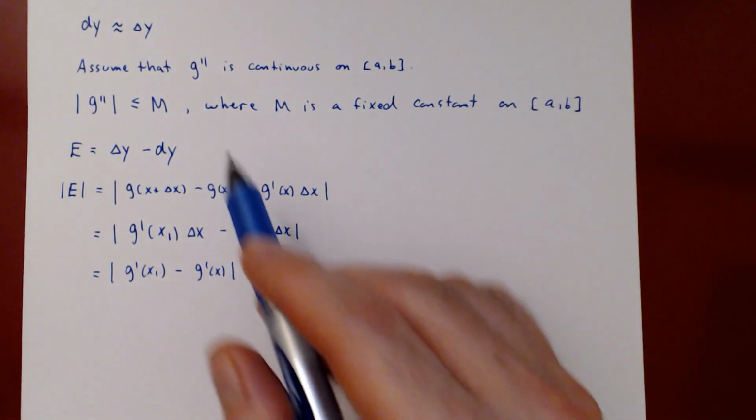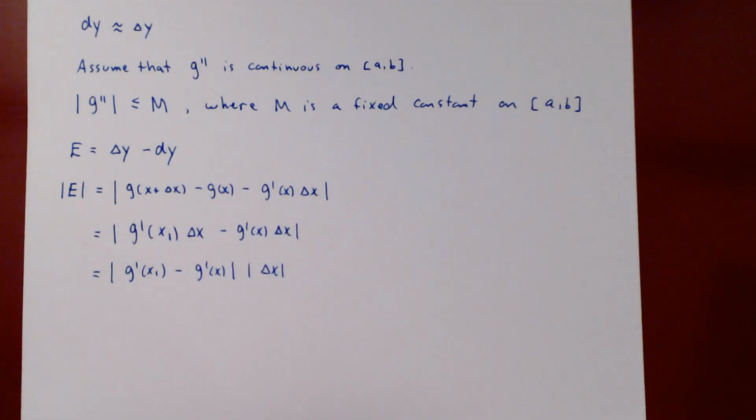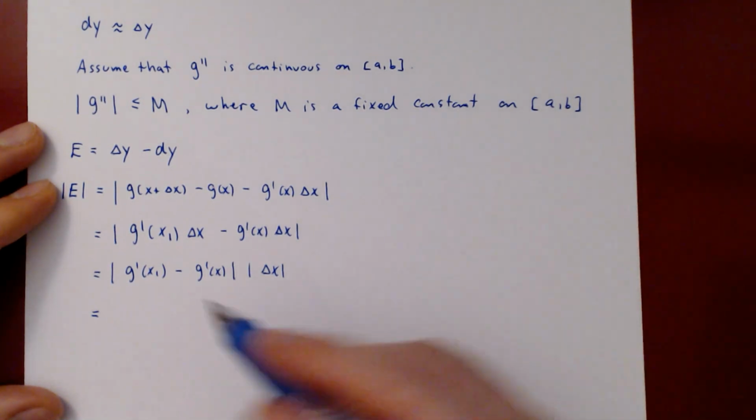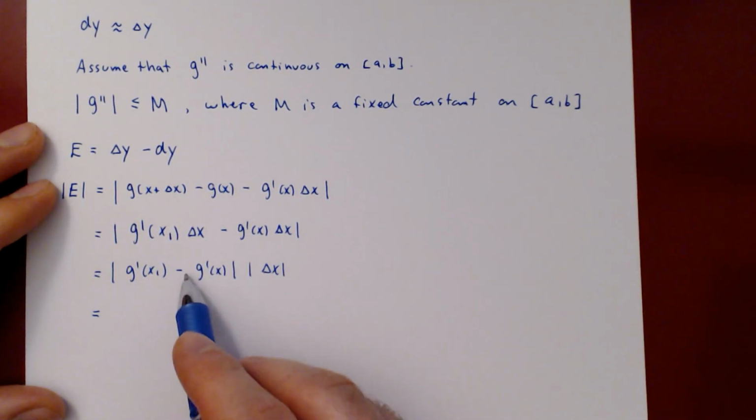And because we assume that the second derivative existed, we can apply for a second time the mean value theorem, not on g, but now on g prime.